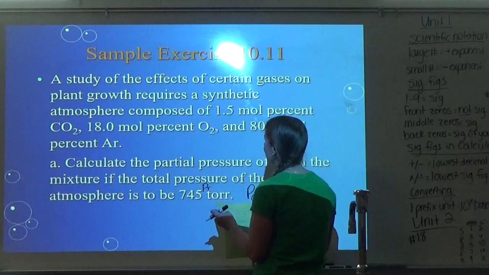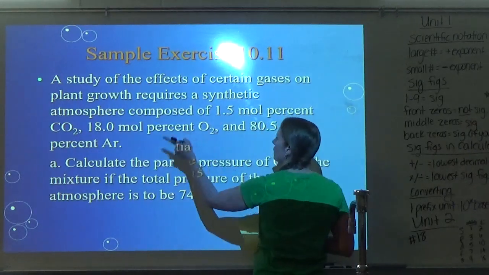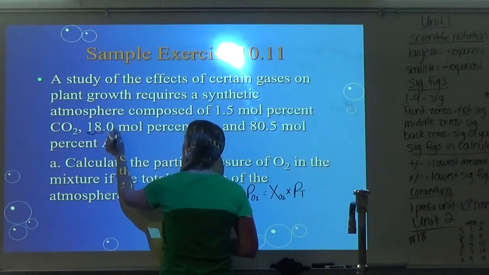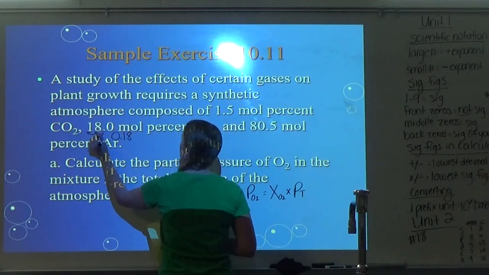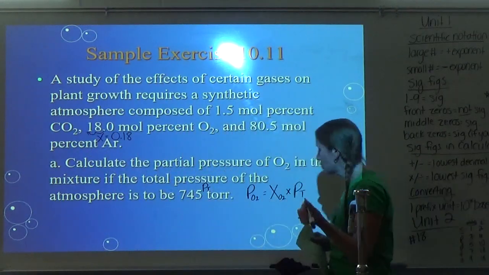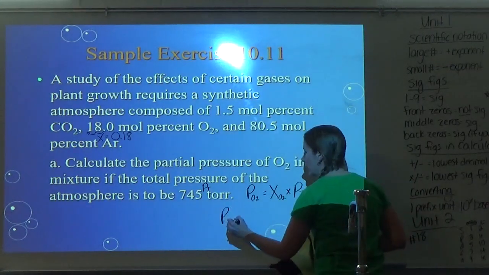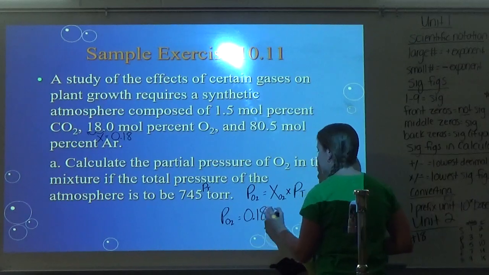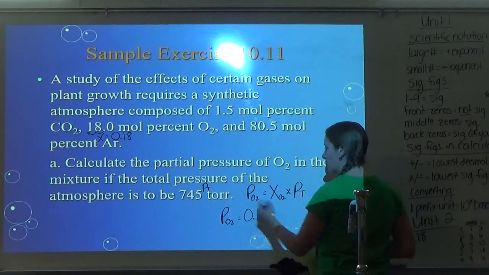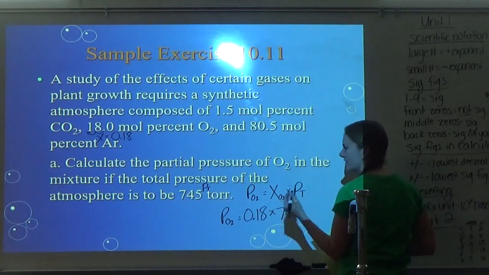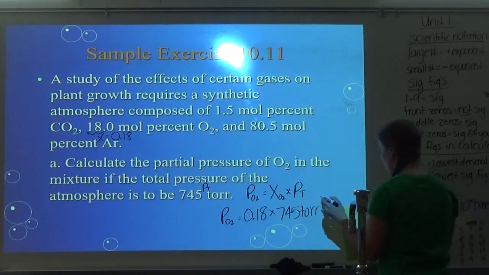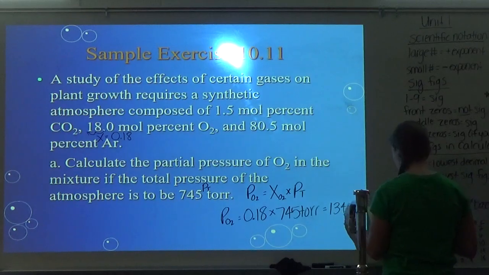Once I did that, we're only worried about oxygen, so its mole fraction is just 0.18. So once I know that, I can say my pressure of oxygen is 0.18 times my total pressure, which is 745 torr. Once I multiply that, I got 134.1 torr.